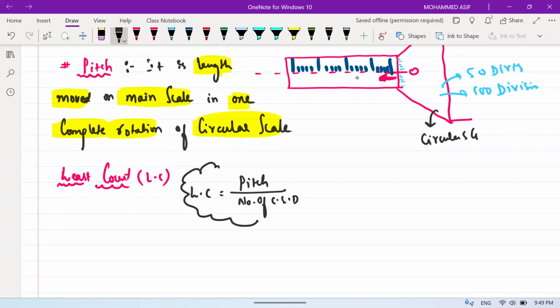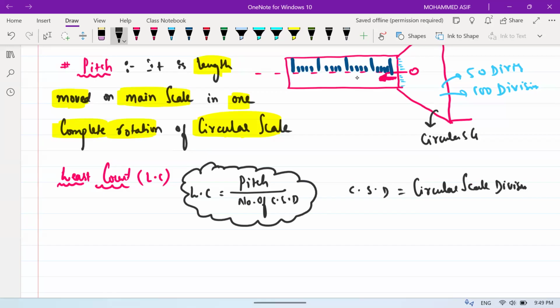Least count is equal to what? Pitch divided by number of circular scale divisions. यानी सर्कुलर स्केल पे कितने डिवीजन हैं, 50 डिवीजन हैं या 100 डिवीजन हैं, that will be called your divisions. CSD is nothing but circular scale divisions. Am I clear?